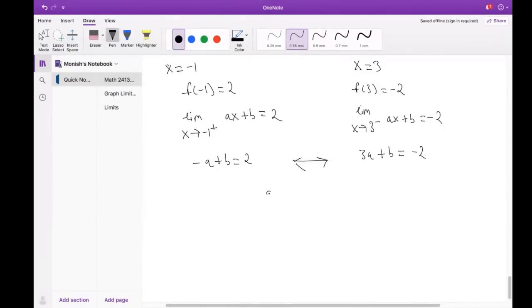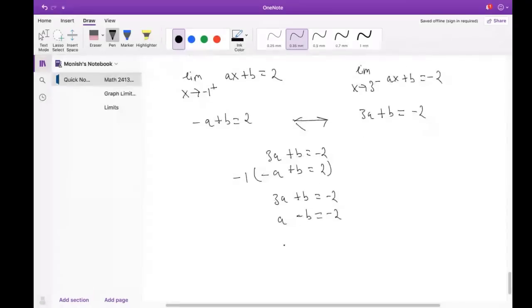These are the two expressions I'm going to be working with to solve for a and b. I have 3a plus b equals -2, and I have -a plus b equal to 2. You can solve it however you want. I'm going to multiply this whole thing by -1. So I'll get 3a plus b equals -2, and a minus b equals -2.